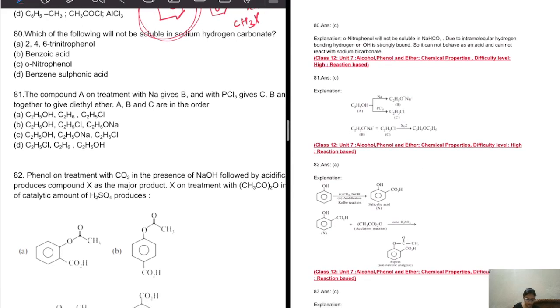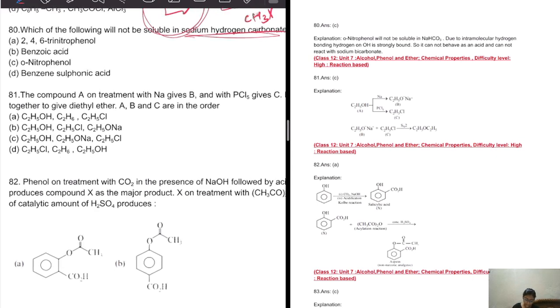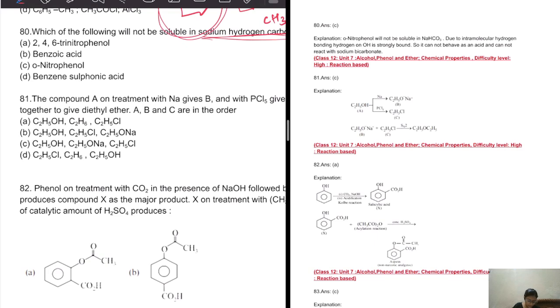Which of the following will not be soluble in sodium hydrogen carbonate? Let's see. Here, these will be soluble but not this. Why? Because what is orthonitrophenol? This is OH and this is NO2.